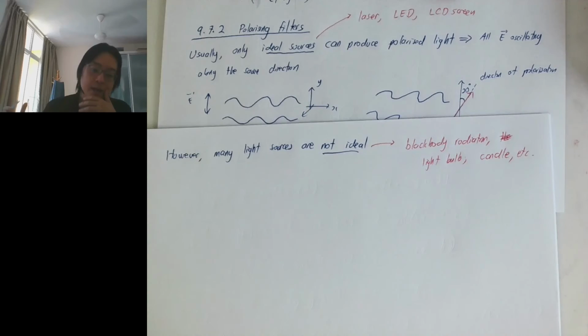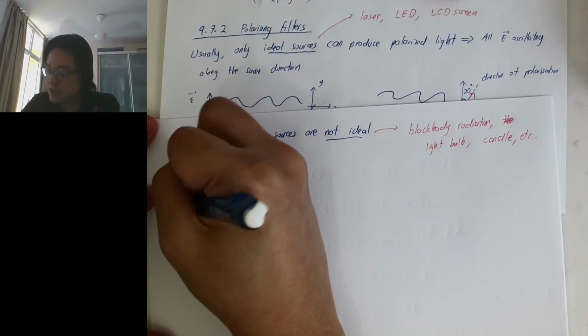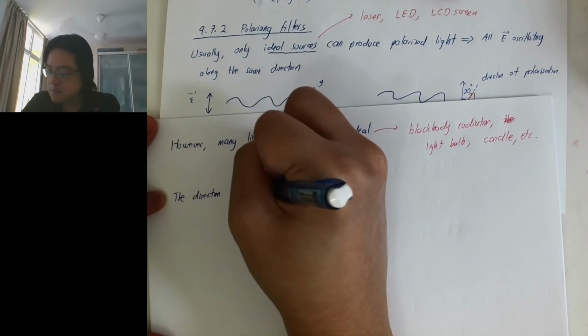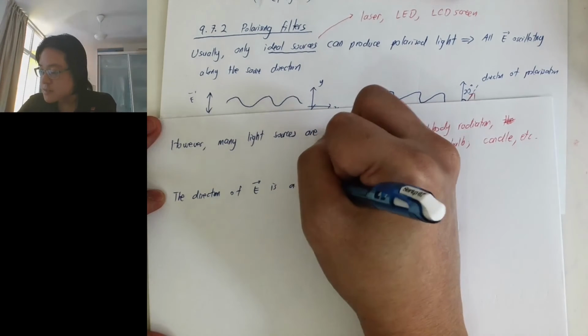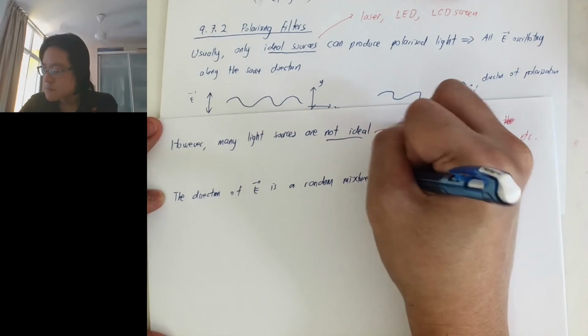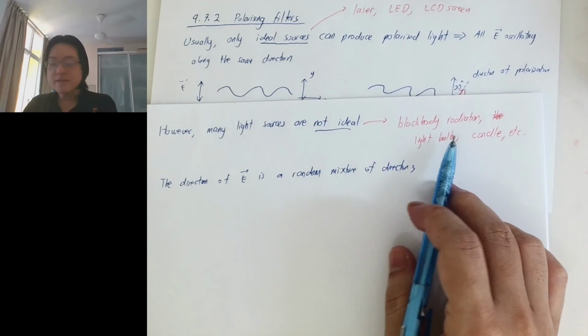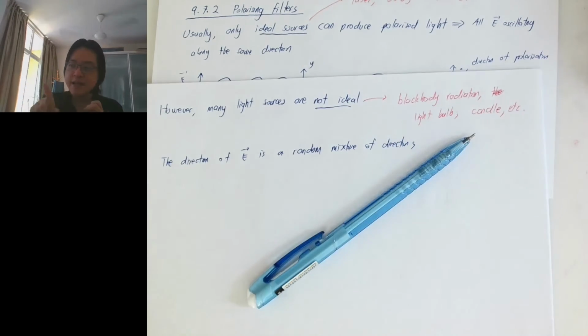So what does it mean by not polarized? That means that the direction of E is a random mixture of directions. Okay, so think about black body radiation. You have one object emitting this light, and then another part of another object emitting another light.